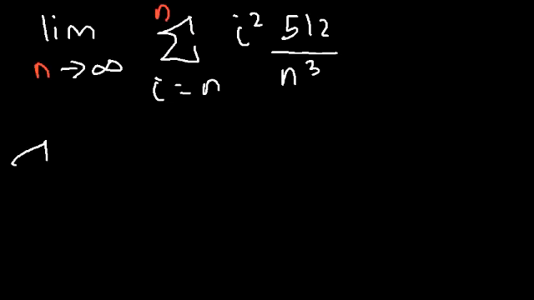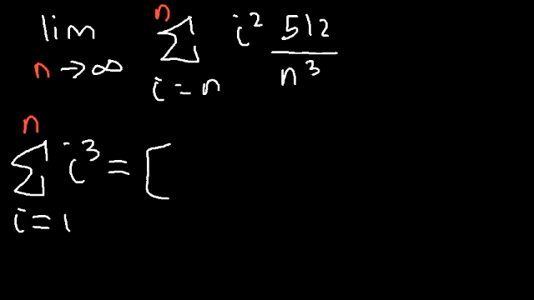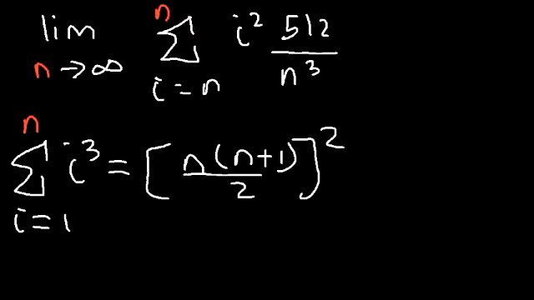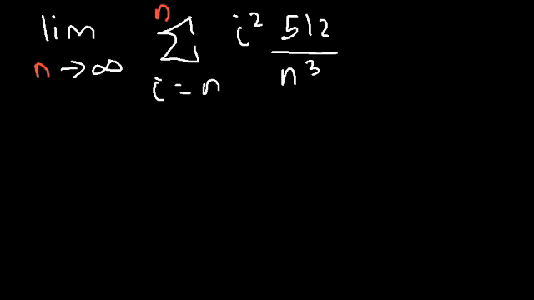Now the next one that you need to know is i cubed, which is n times n plus 1 divided by 2, squared. And then the one that we need to know in this example is i squared.